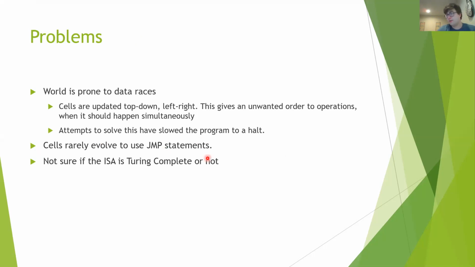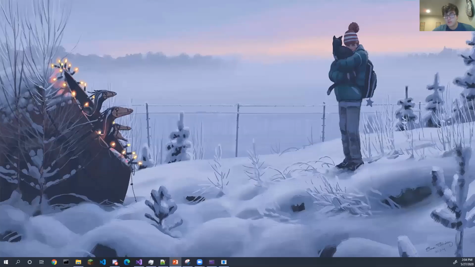I'm not sure if that's my fault or just the fact that jump statements are too costly to be used. And I have no idea if this ISA is actually Turing complete. So yeah. Normally I'd end with an inspiring message, but who cares? Screw inspiring messages. It's time for me to show you some of the functionality of the program.